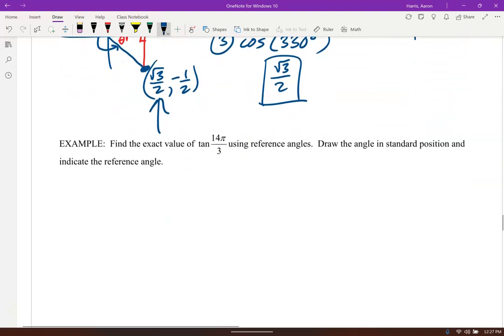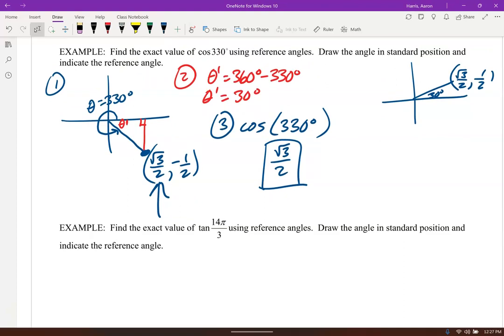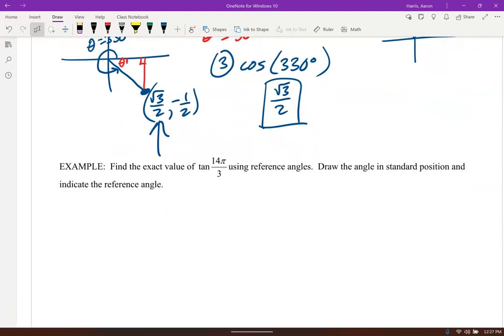All right, let's go ahead again. A good time to pause this next one and go into tangent of 14 pi over 3. So tangent, our theta here is 14 pi over 3. If you're drawing that, notice this is more than 2 pi. You know, 2 pi one time around in terms of thirds is 6 pi thirds.